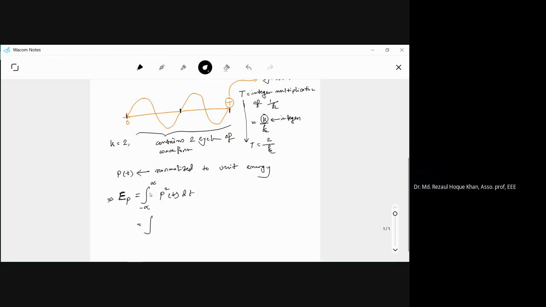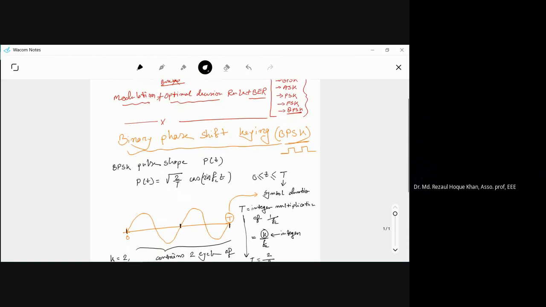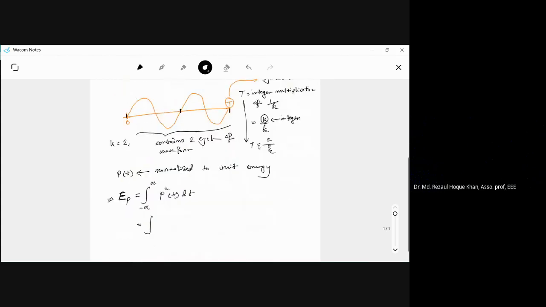For our case it's from 0 to T, the duration of the pulse. So 2 by T cos squared 2 pi Fc t dt.